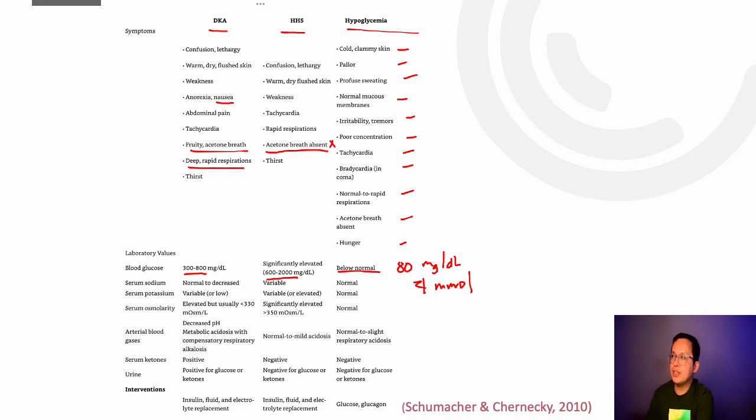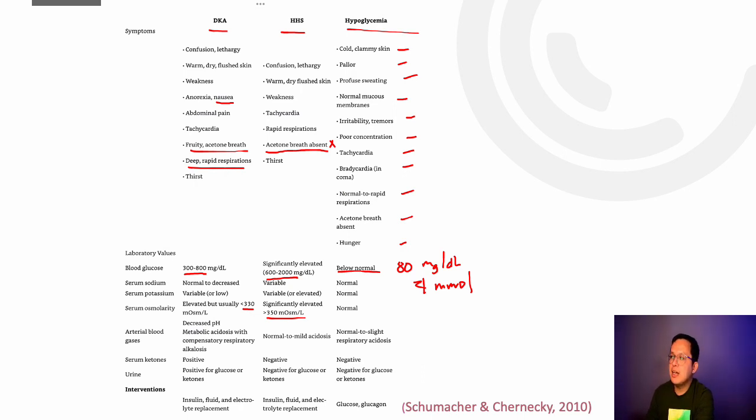Serum sodium for DKA patients is normal to decreased, HHS is variable, and hypoglycemia is normal. Serum potassium for patients with DKA is variable or low, variable or elevated for HHS, and normal for hypoglycemia. Serum osmolarity is elevated for DKA but usually less than 330 milliosmoles, significantly elevated for patients with HHS, and normal for patients with hypoglycemia.